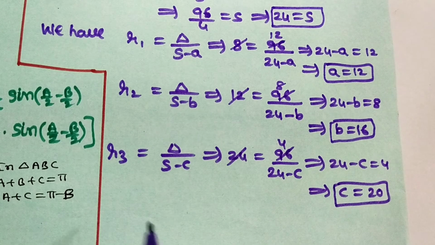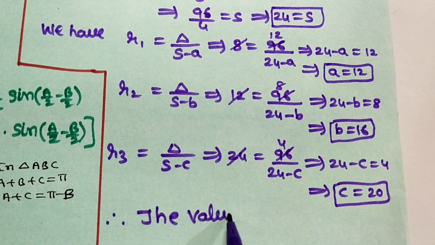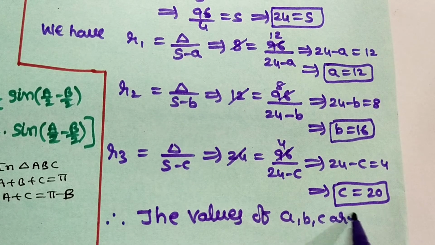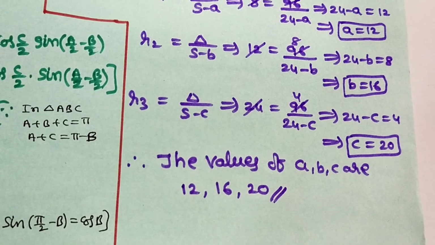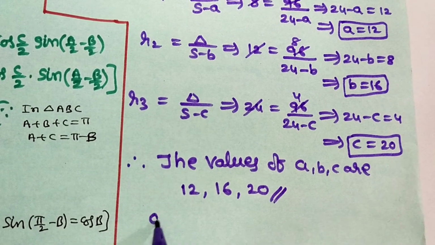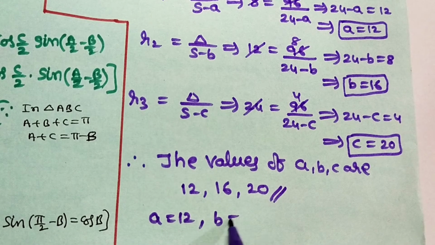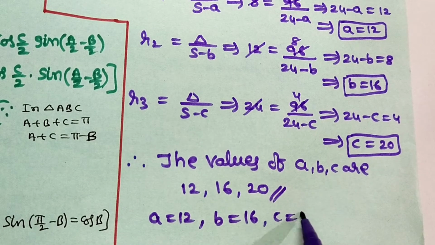C value is 20. Therefore, the values of A, B, C are 12, 16, 20. That is A equal to 12, B equal to 16 and C is equal to 20.